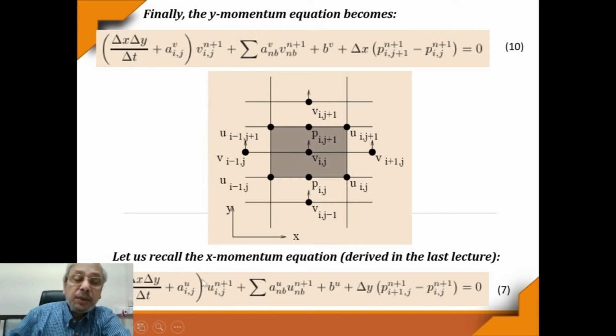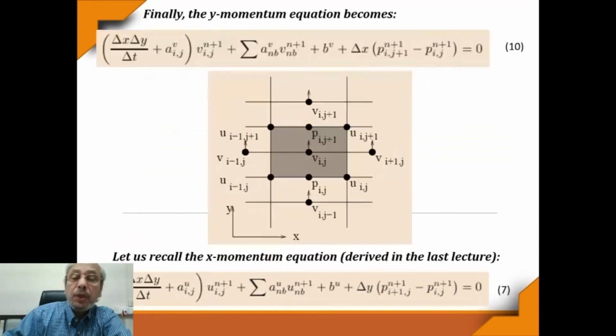We explained it term by term, in much more detail than what we did today, because that was the introduction. So we derived equation 7. Now equation 7 and equation 10 are the discretized x momentum equation and discretized y momentum equation.